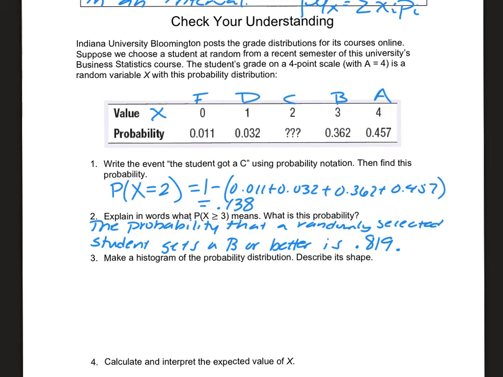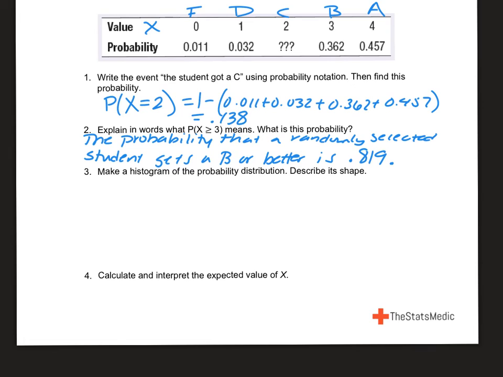Number 3 says make a histogram of the probability distribution and describe its shape. So for my histogram, I know I need here on the bottom, this is the grade. So 0, 1, 2, 3, 4. The only reason I'm going up to 5 is because I'm doing these from 0 to 1, 1 to 2.